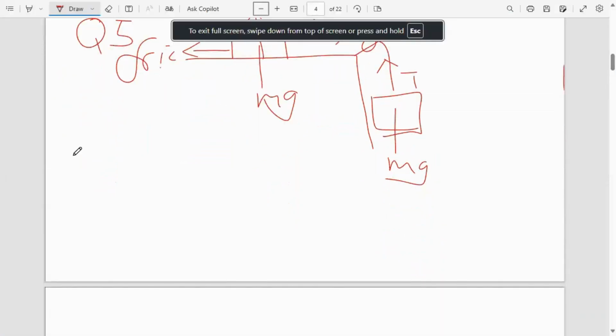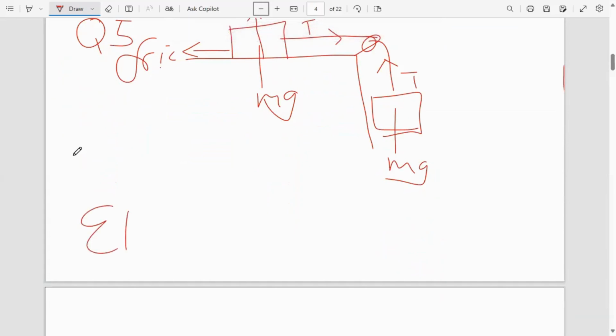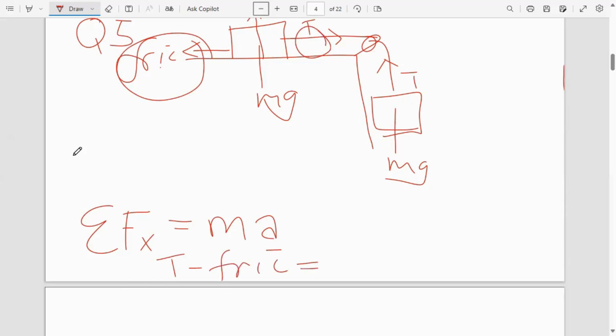So if I look at this diagram, which is on top, lying on a surface there, we're going to find out that summation of forces in the x-axis will be equal to mass multiplied by acceleration. And what forces do we have in the x? We have friction here and tension pointing there. So I'm going to say tension minus friction. This will be equal to the mass of the block that is on top of the table, which is 8 kilograms.